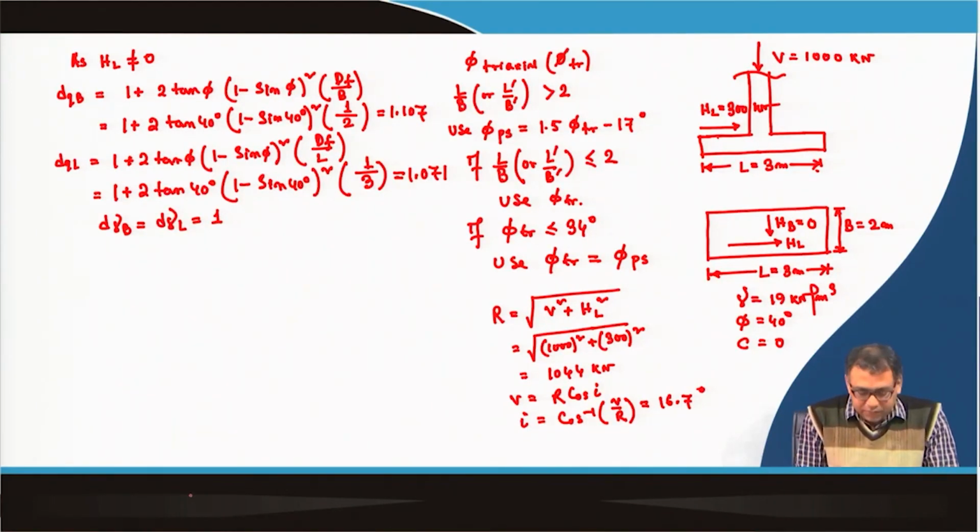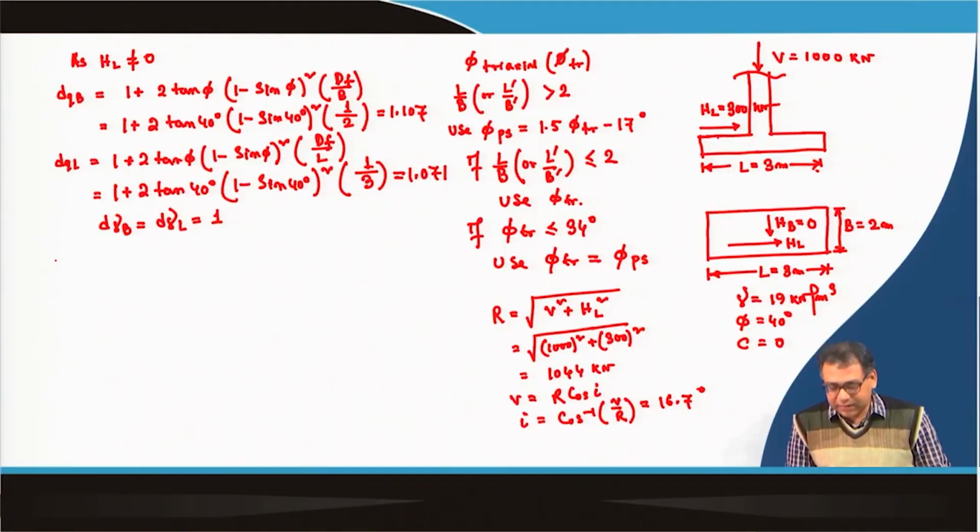Okay. Now I have to go for iq B and iq L, i gamma B, i gamma L. First, you have to calculate the inclination factors, then you have to modify the shape factor, and then use them.